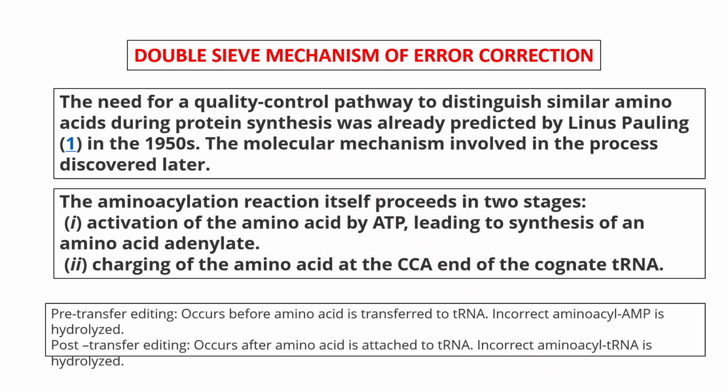This double sieve mechanism says that there are two ways of editing. One, pre-transfer editing, that occurs before the amino acid is transferred to tRNA. The incorrect aminoacyl-AMP is hydrolyzed. The other is post-transfer editing, which means the amino acid is attached to tRNA, and even after that, if the enzyme finds that it has attached a wrong amino acid to a tRNA, the incorrect aminoacyl-tRNA is hydrolyzed.